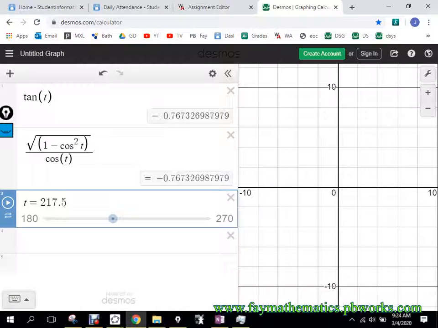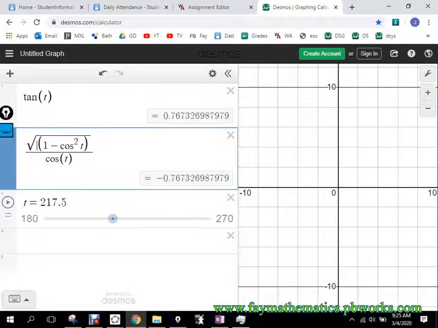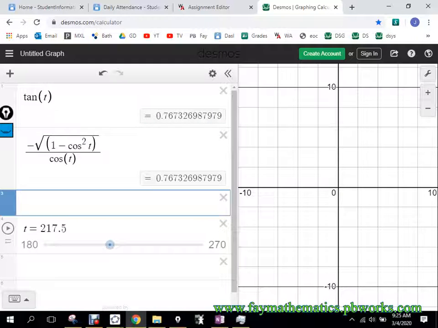One's negative, one's positive. So that would have been if I had taken the positive version of that numerator square root, right? So to fix that, we negate the top. And that validates it, now as I play that through, no matter where I evaluate t, at those angle measures between 180 and 270, these two things are always equivalent. Does that kind of make sense?